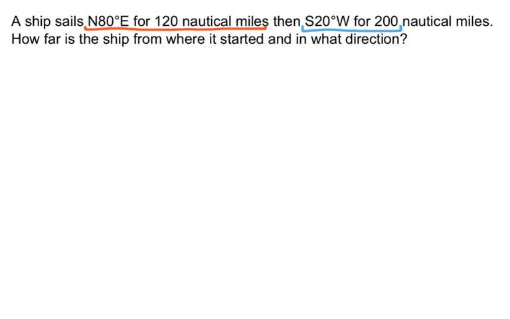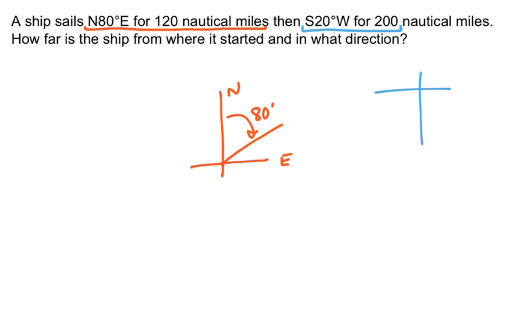When we say north 80 degrees east, that means we go 80 degrees to the east. Whereas south 20 degrees west means we're going 20 degrees to the left, or west, of south.